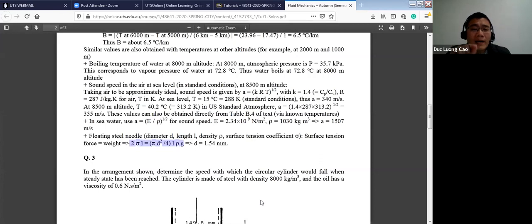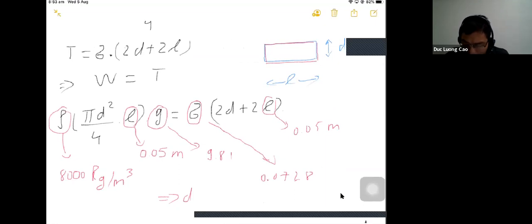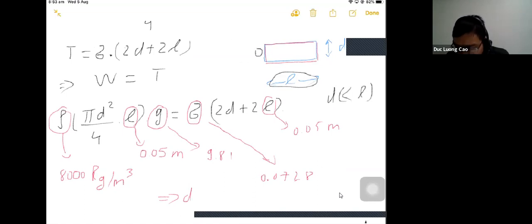You see, 2 times the surface tension coefficient times L equals P. On the right hand side is the width of the needle, and on the left hand side is the surface tension force. But here you don't have D, because D, the diameter, is usually very small compared with L. So in the solution, the subject coordinator ignores D in the equation.